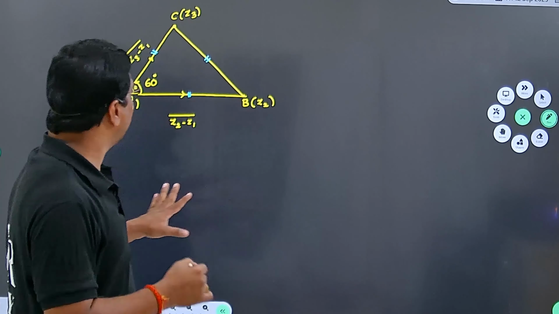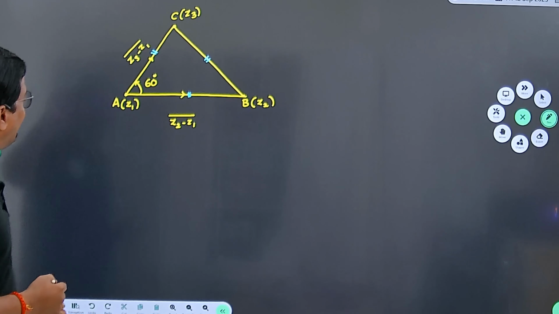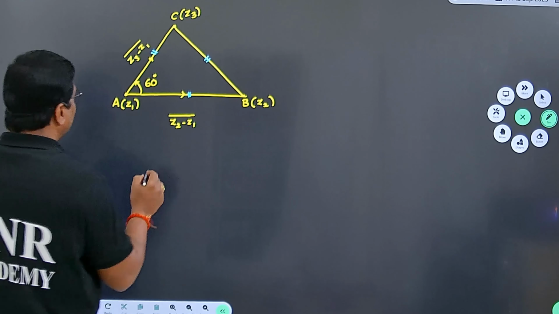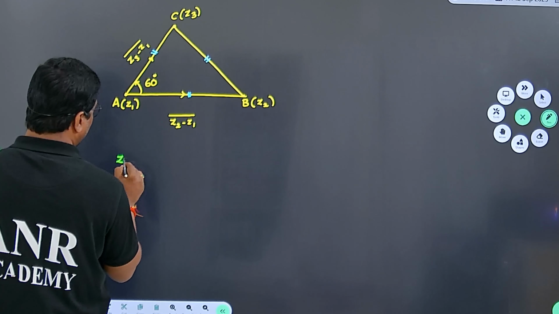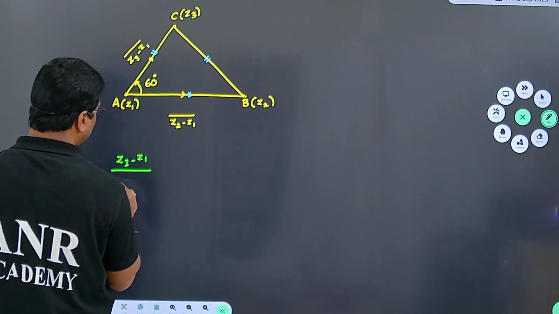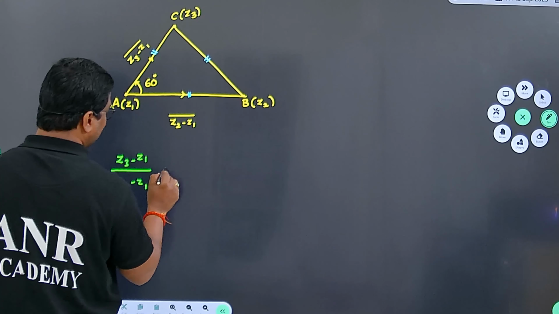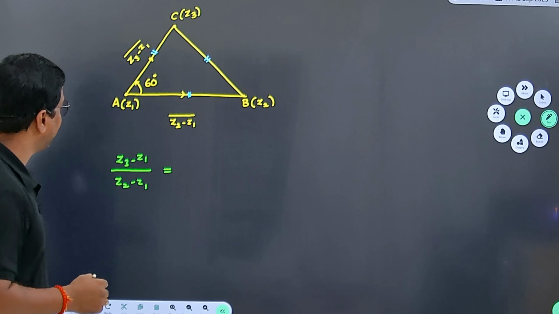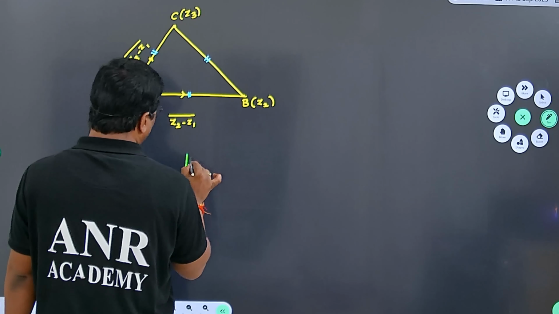And from the Coni method or rotation theorem, final, Z3 minus Z1, divided by initial, Z2 minus Z1, is equal to the length of Z3 minus Z1 divided by the length of Z2 minus Z1 multiplied by e power i theta, where theta is the angle between the initial and final vectors.